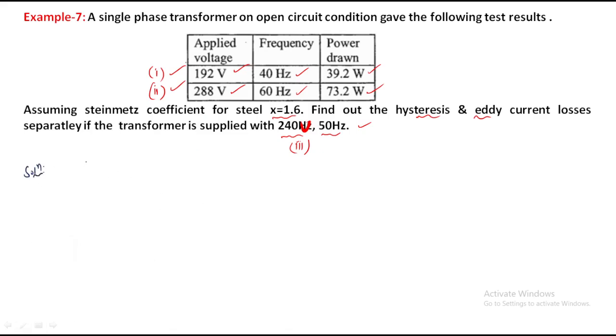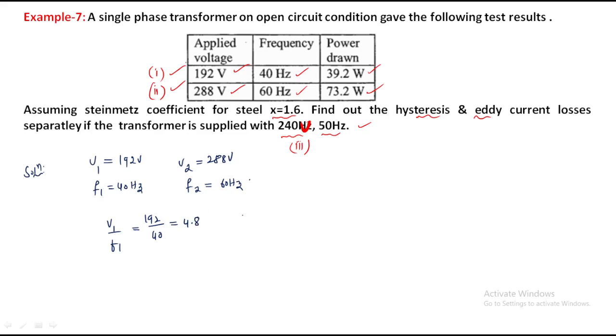So given that V1 equals 192 volts and F1 equals 40 hertz, like that V2 equals 288 volts and F2 equals 60 hertz. Then V1 by F1 equals 192 by 40, which equals 4.8.